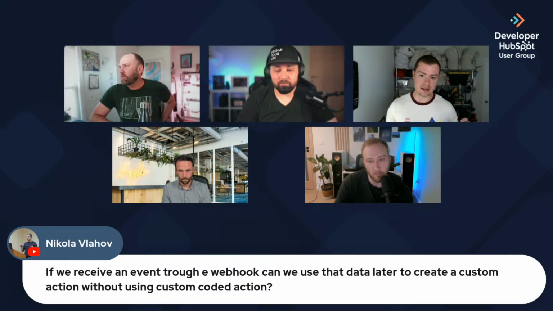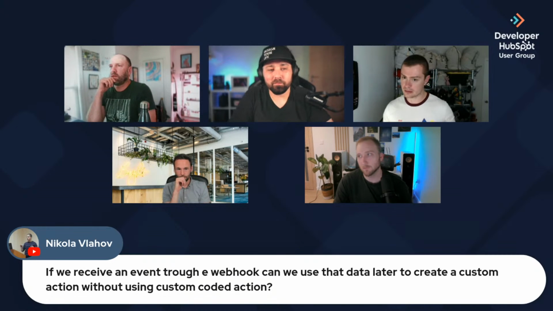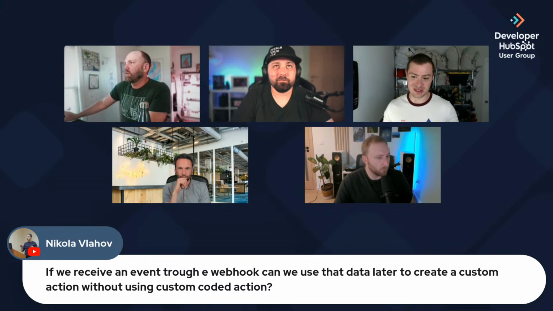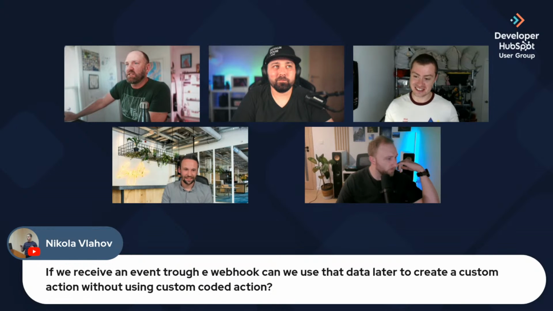You can definitely have a webhook trigger where one of the actions is a custom action, and you can use data from that webhook trigger in the custom action. But in terms of using it later, I'm not 100% sure if I answered that the way you want. Maybe some more details on the question would be helpful for this one because I'm not fully there either.